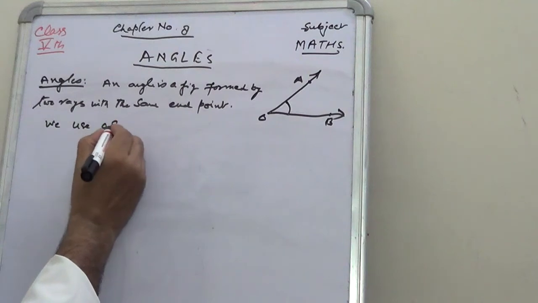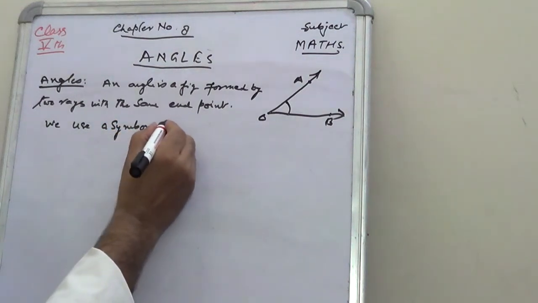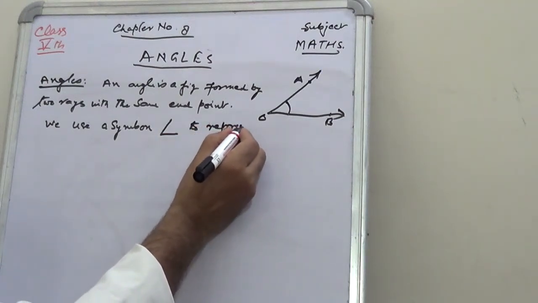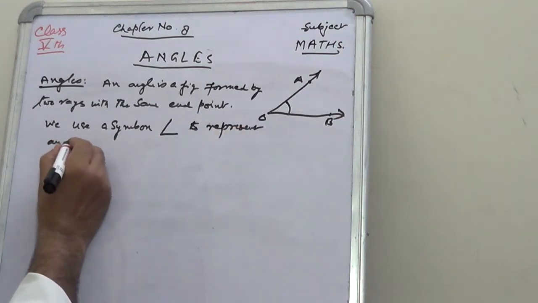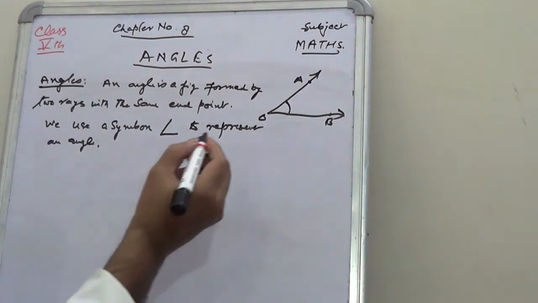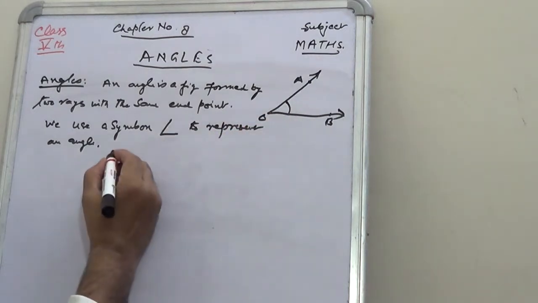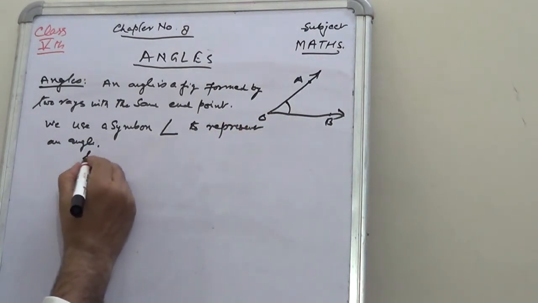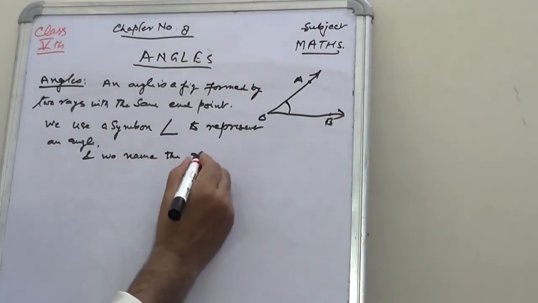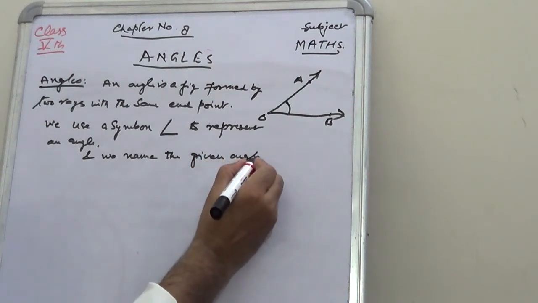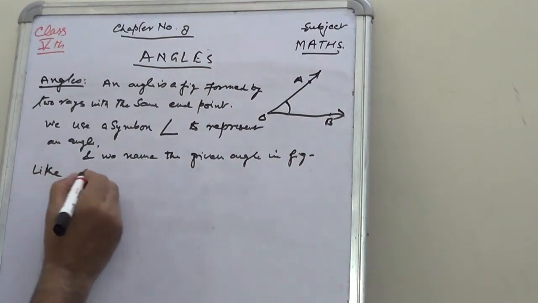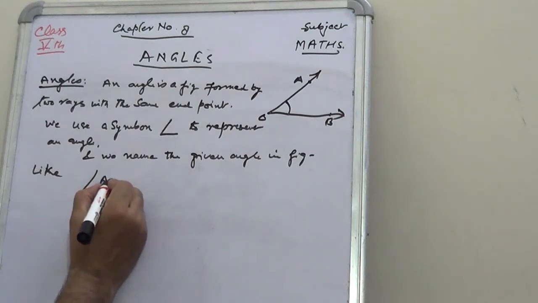We use a symbol like this to represent an angle, and we name the given angle in the figure like angle AOB.